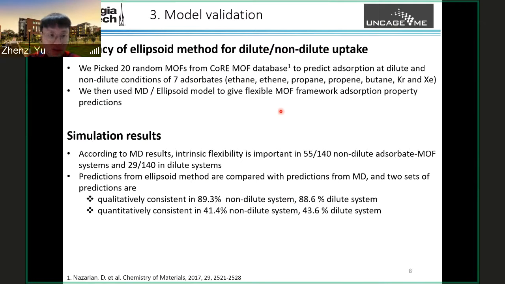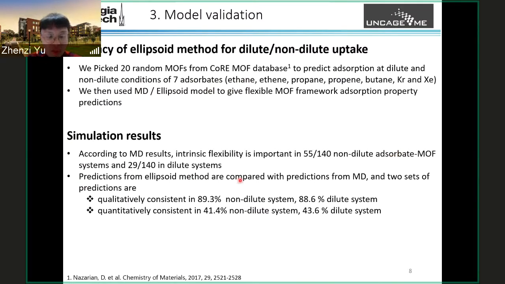In terms of the simulation results, first, according to MD results, intrinsic flexibility is important in 55 cases in non-dilute systems and 29 cases in dilute systems. So, again, consistent with previous research, we show that intrinsic flexibility is important in MOF adsorption property prediction.